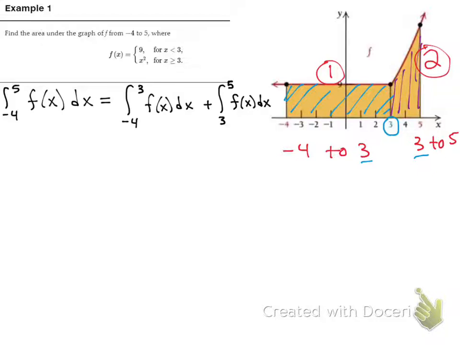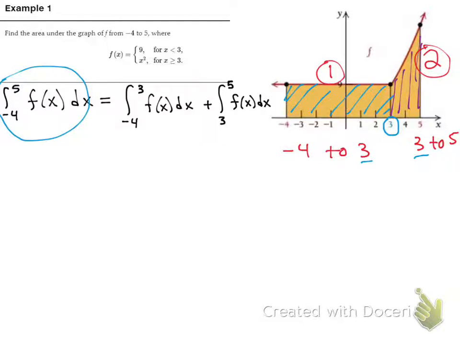If we just wanted to calculate the integral from -4 to 5 directly, we wouldn't know if we wanted to use x squared or 9 because the function is defined differently on that interval.